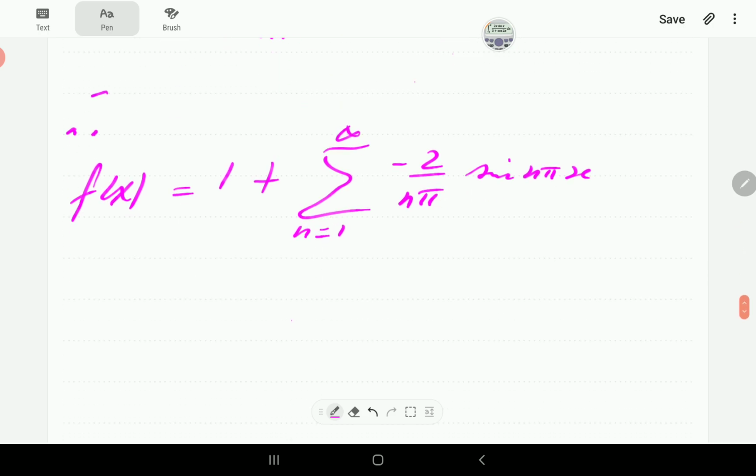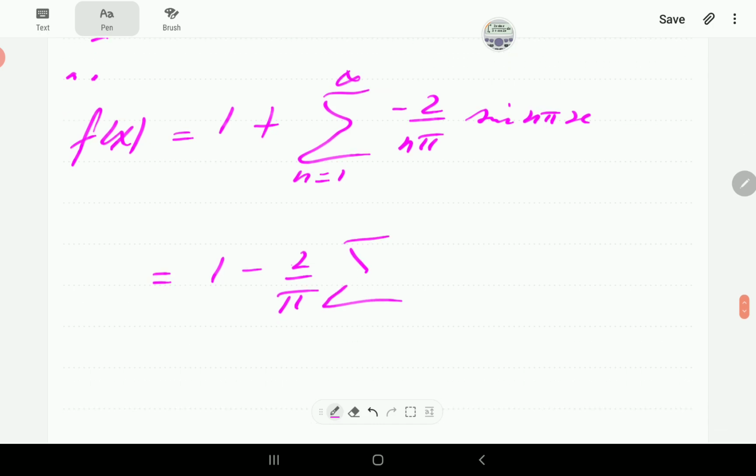If we write out the first few terms, here the 2 and the pi we can take out of the summation because they don't depend on n.